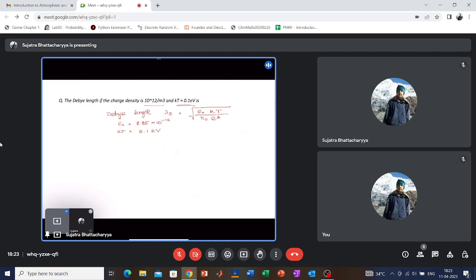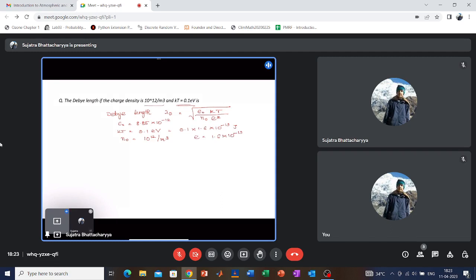Now what is this 0.1 electron volt? So this 0.1 electron volt is nothing but 1.6 into 10 to the power minus 19 joules. Right? So this is now done. Another is n naught, which is given charge density 10 to the power 12 per meter cube. And e square, e is also the charge of the electron, that is 1.6 into 10 to the power minus 19. Fine.